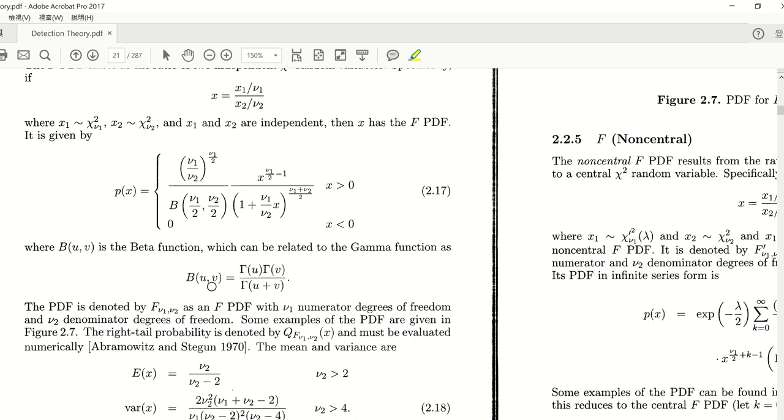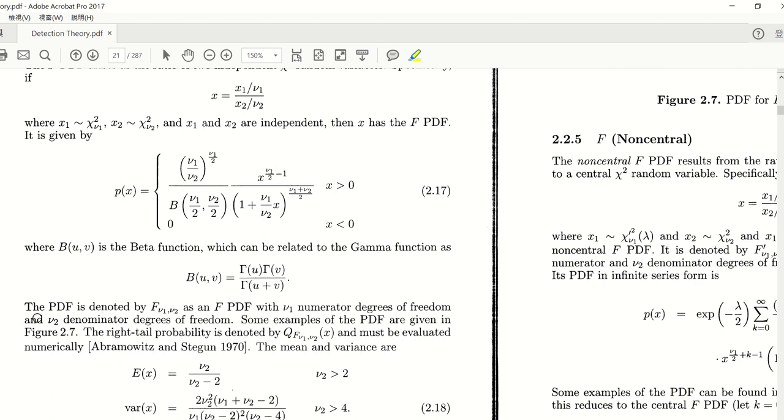B has two arguments, u and v, and it equals gamma u multiplied by gamma v divided by gamma of u plus v. And of course, we have defined the gamma function before, so there should be no confusion with the beta function, because it's defined by the gamma function.